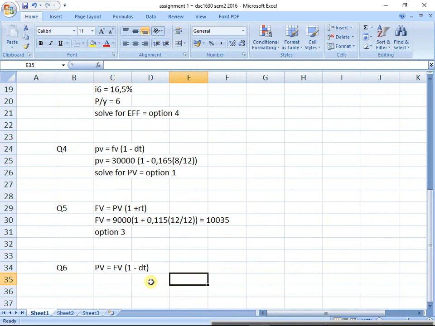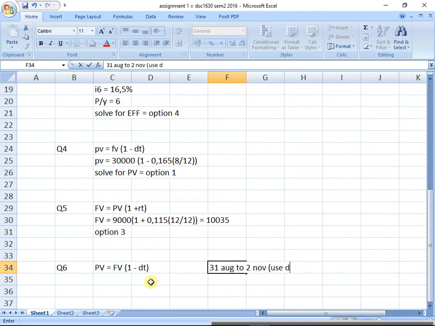Good. But can I use that in the question? No. So what must I do? I could use months, or I could use days. It's going to be easier to use days. How many days in the year? Correct.